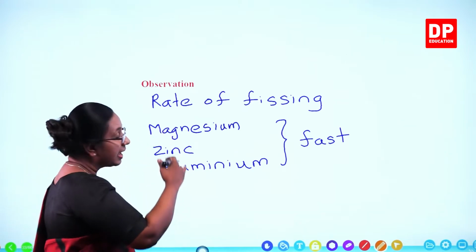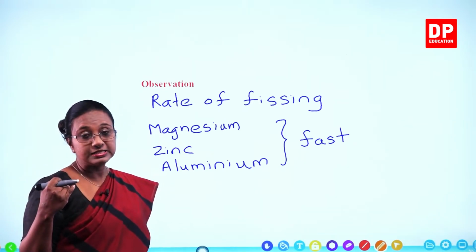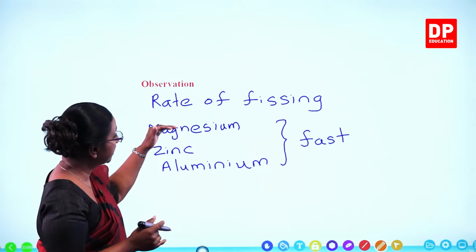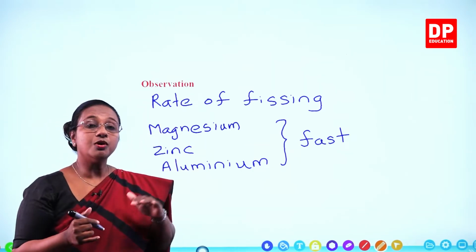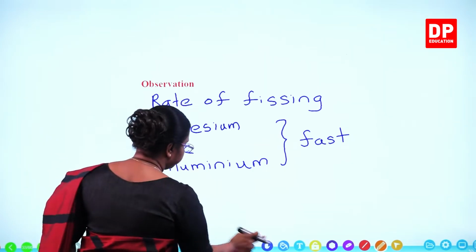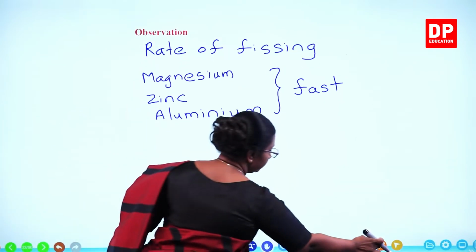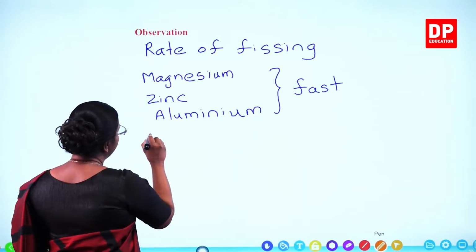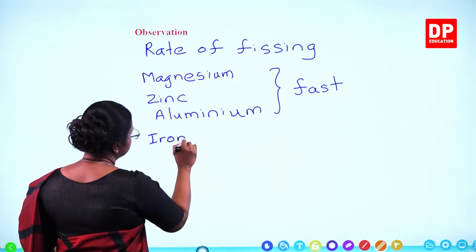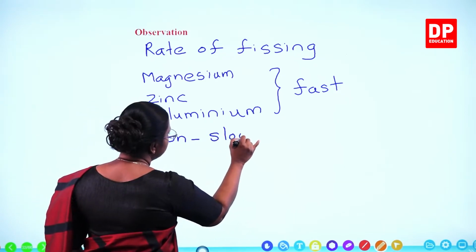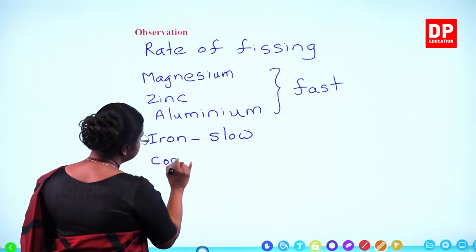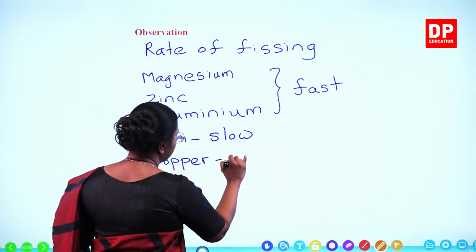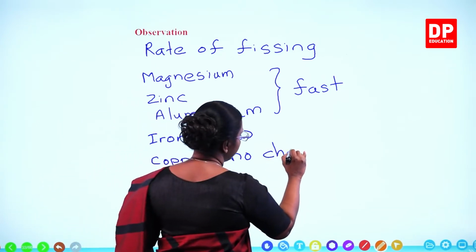I am not comparing each of the metals separately. We are just comparing whether it was fast, slow or no reaction. Then we had iron. It was slow, and copper, no change was observed.